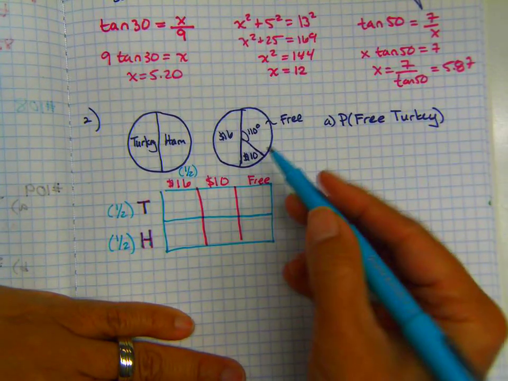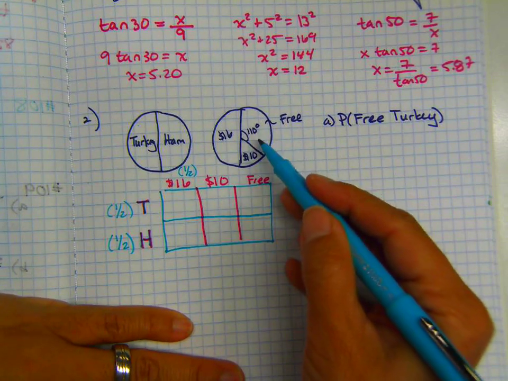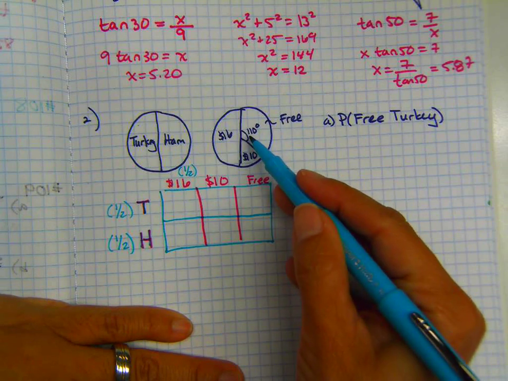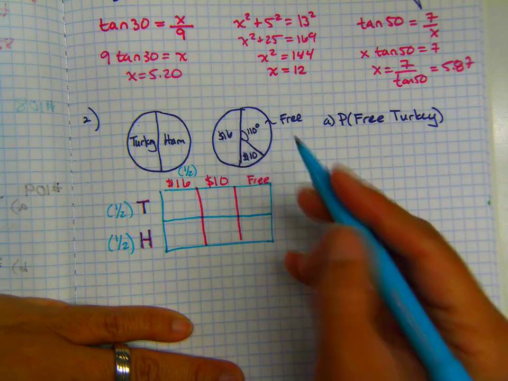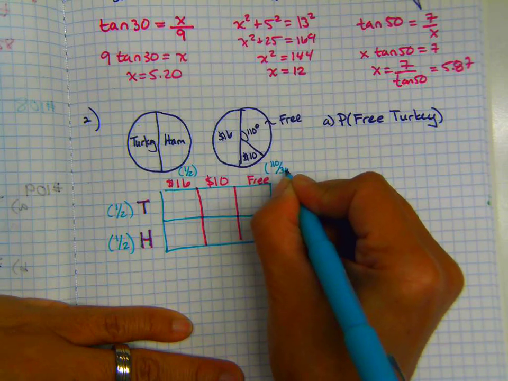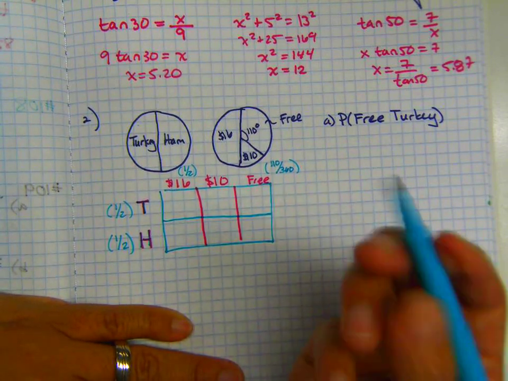Now this is where it gets a little bit funkier, because the probability of getting a free sandwich isn't one of those ones I could do in my head. There's 110 degrees out of a total of 360. So this is going to be 110 over 360. And I'm sure I could reduce that, 11 over 36, it'll reduce.